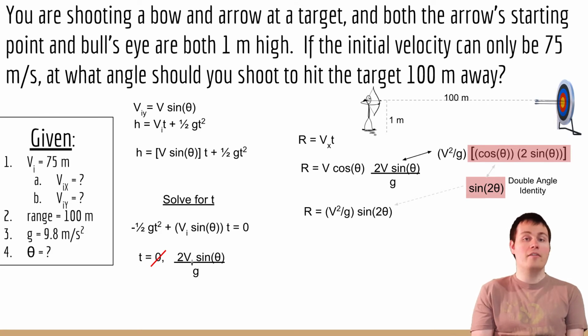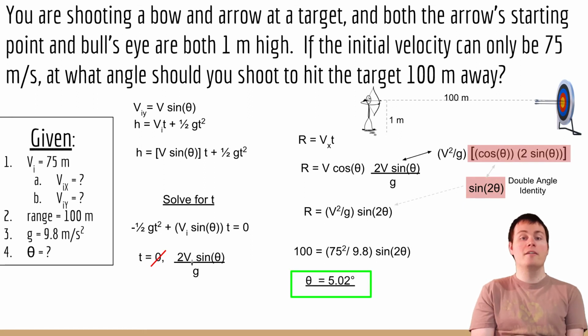Now we have a very easily solvable equation, and we know all of the variables except for theta. We plug in everything we know, do a little algebra, and we find that the angle of the shot has to be 5.02 degrees above the horizontal.